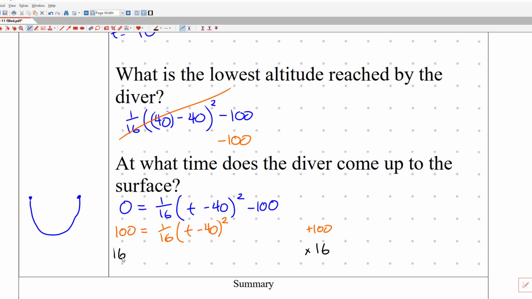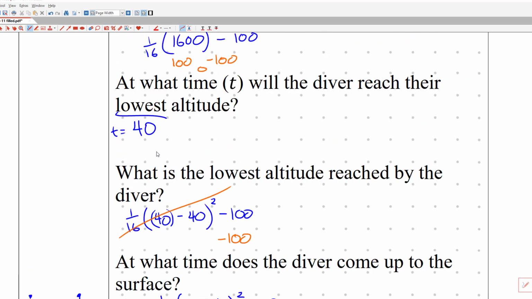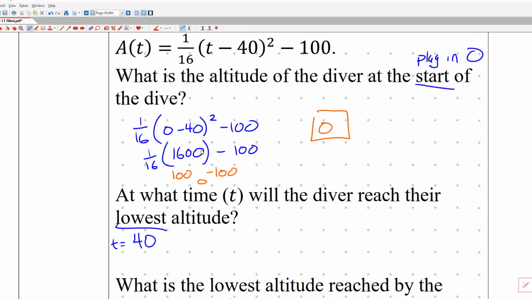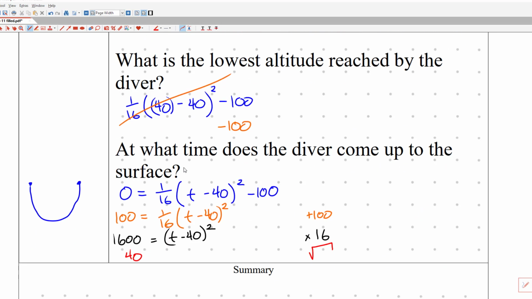So I get 1600 is equal to (t minus 40) quantity squared. My next step is to square root both sides, and square root of 1600, I just happen to know that's 40 because up here we did 40 squared to get 1600. So 40 plus or minus 40, almost made that mistake.